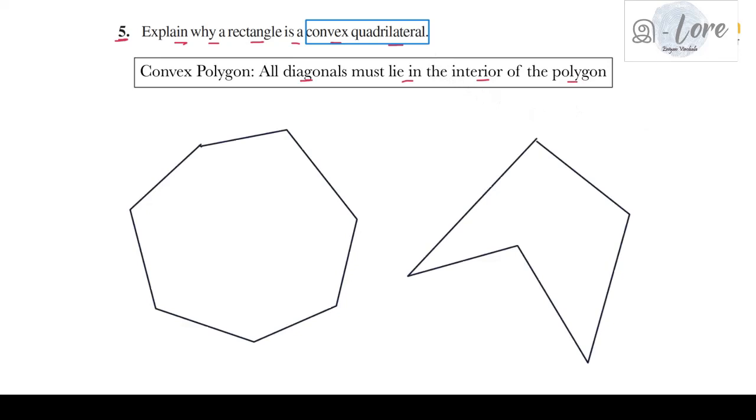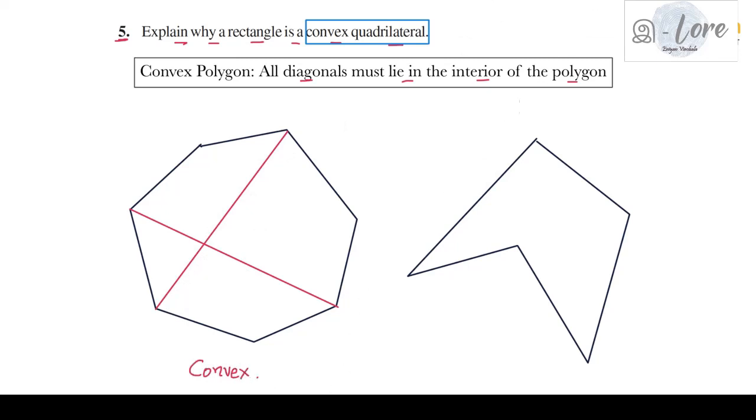So take a look at these two polygons that you see, the one on the left and the one on the right. The one on the left is a convex polygon because if you draw any diagonal in this polygon, for example, if you join the vertex here to the vertex here, or if you join this vertex to this vertex here, the diagonals will lie completely inside the polygon. So this polygon on the left is an example of a convex polygon.